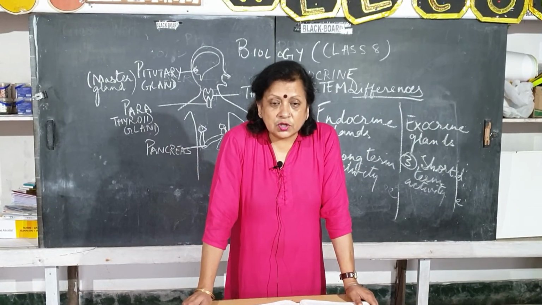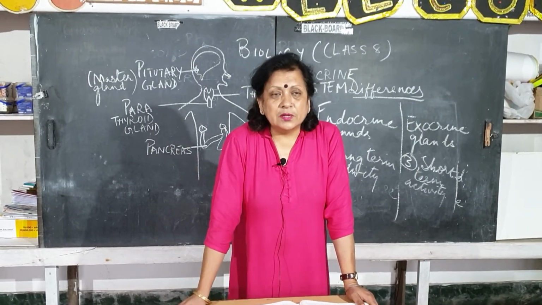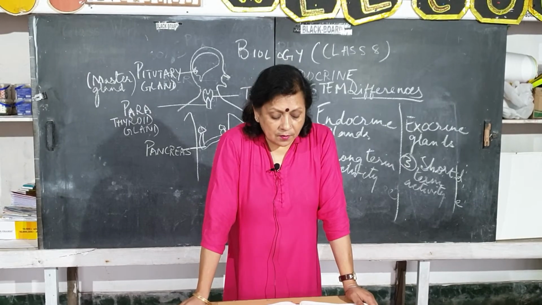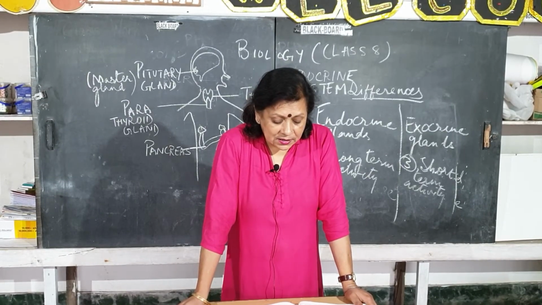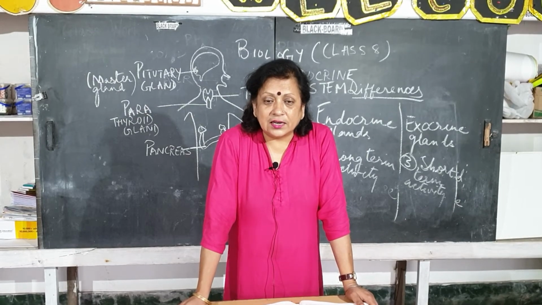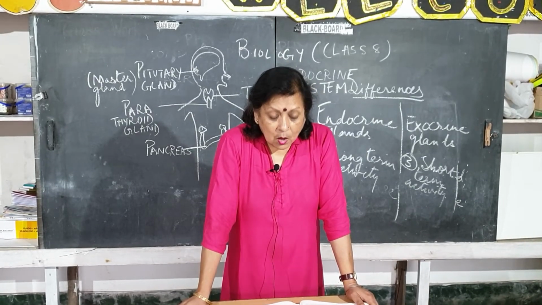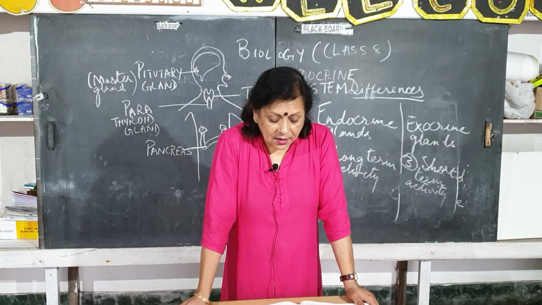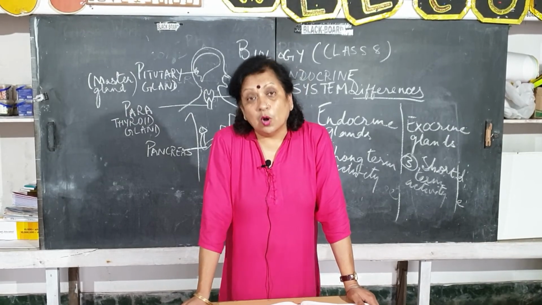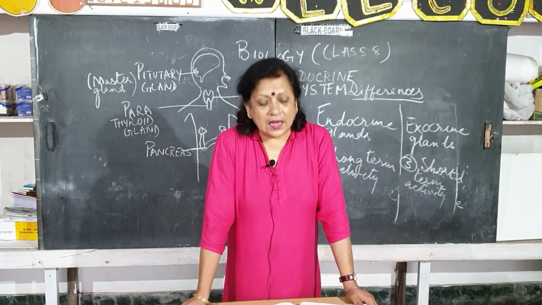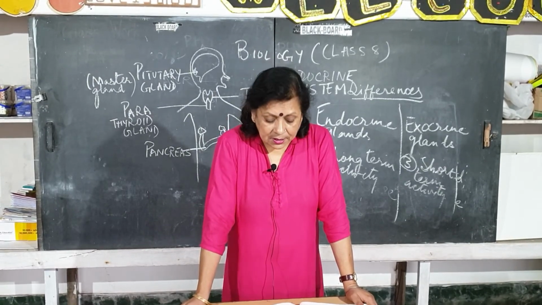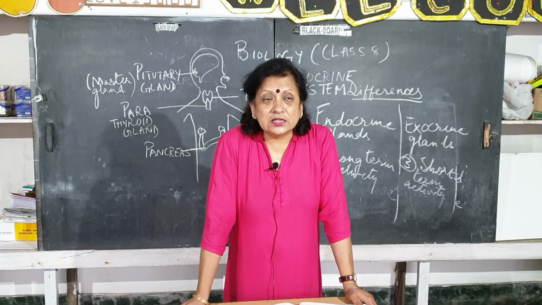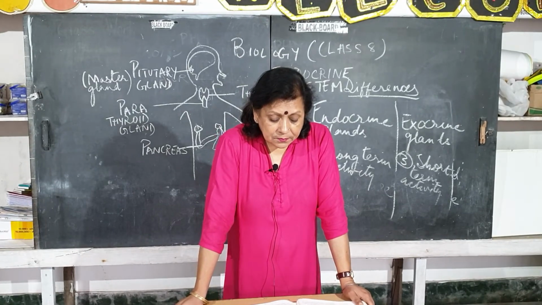Now let us look into some of the examples or names of endocrine glands in our body, like pituitary gland, thyroid gland, adrenal gland, etc. While the common exocrine glands we all know about are salivary glands in the mouth, gastric glands in the stomach, sweat glands found under our skin.